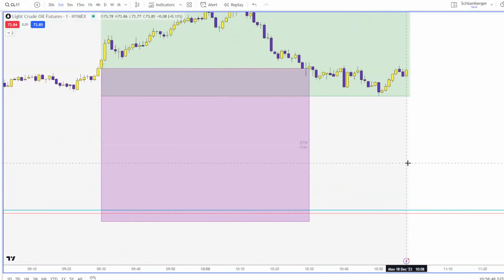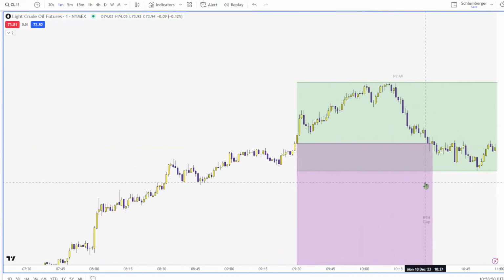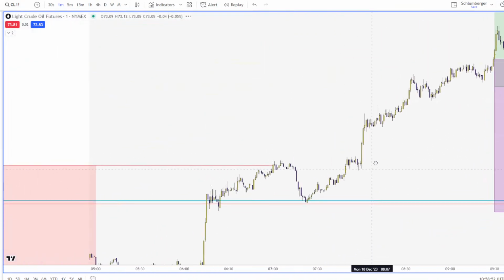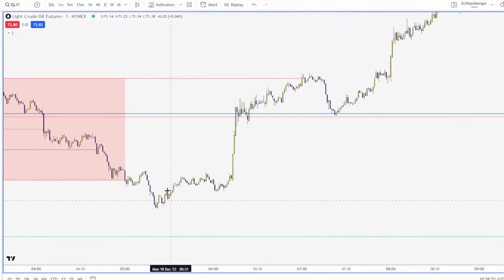You'll see where that turning point was. Consolidation, breakout. As soon as you see this breakout occur, go down to a 5-second chart and look for an entry in here.